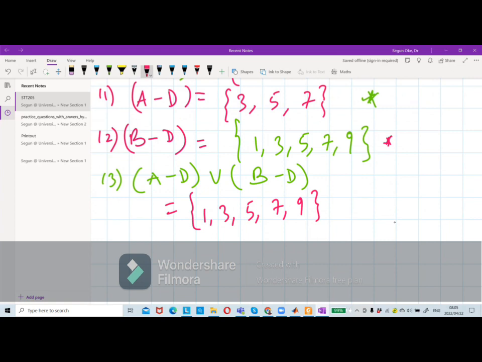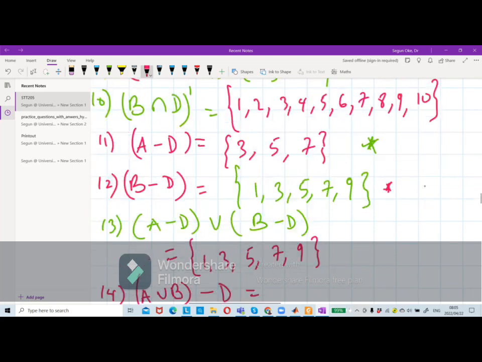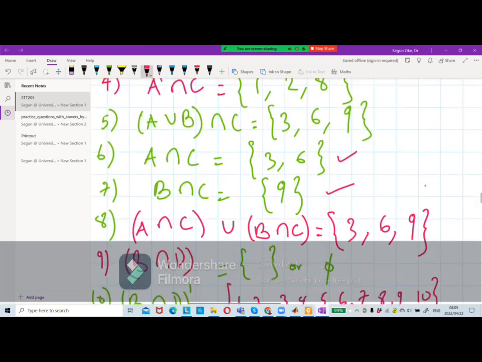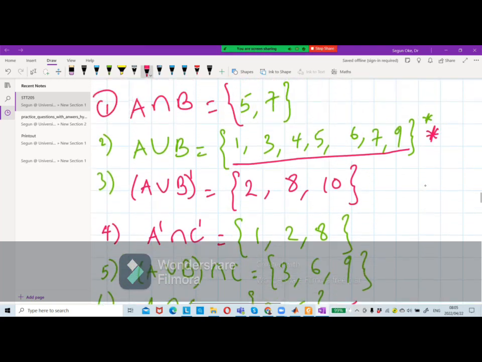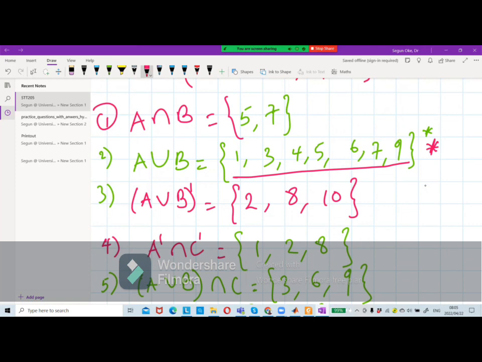Add everything together. Number 14 will be A union B minus D. That is, elements in A union B that are not in D. A union B is here, number 2.